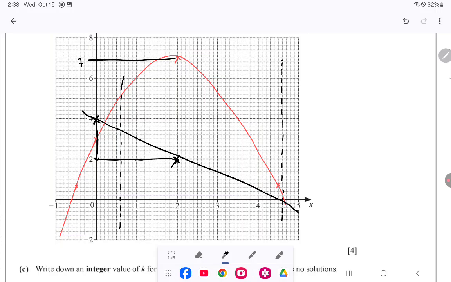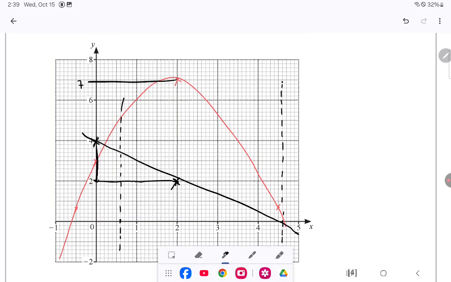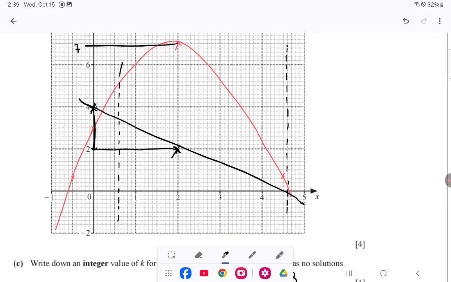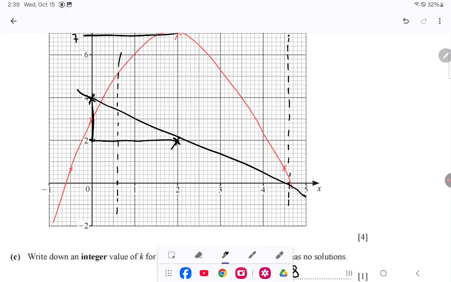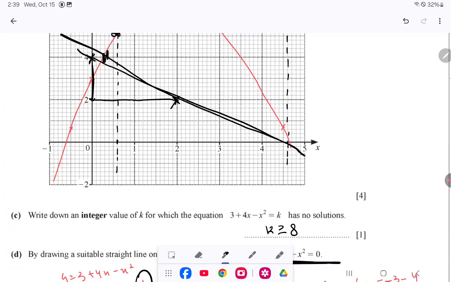So somewhere this line connects from this point. At that point we can say that one point is right here, 4.6 maybe.